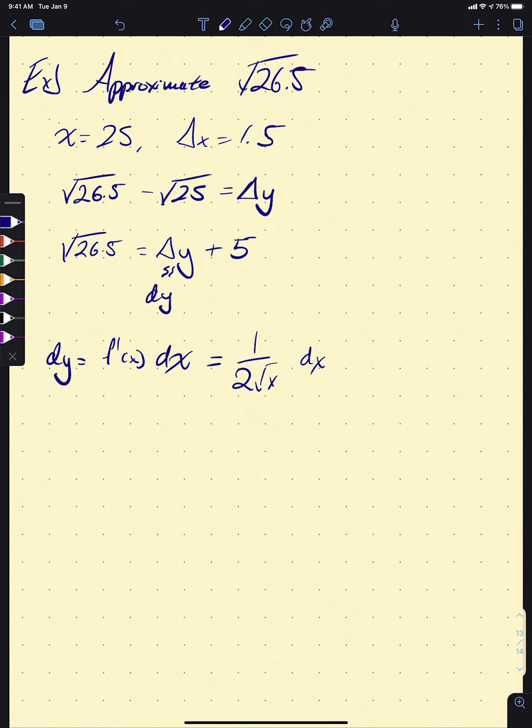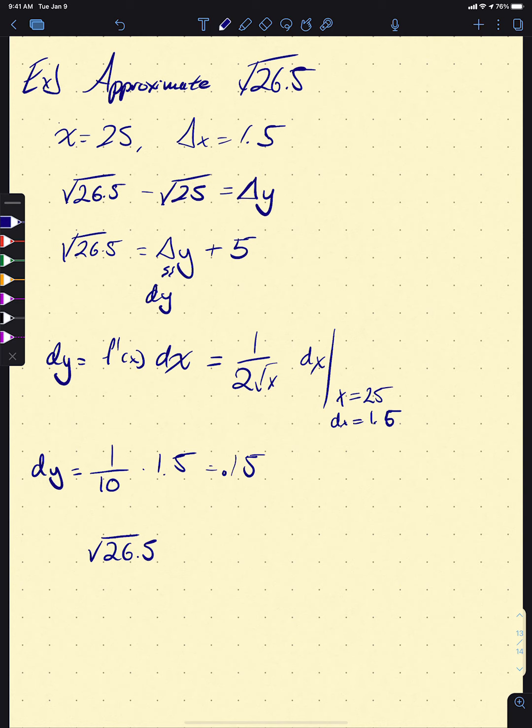If we plug in x equals 25 and dx equals 1.5, where this vertical bar tells us to evaluate it at these points, that means that dy is going to be 1 over 10 times 1.5, which is 0.15.